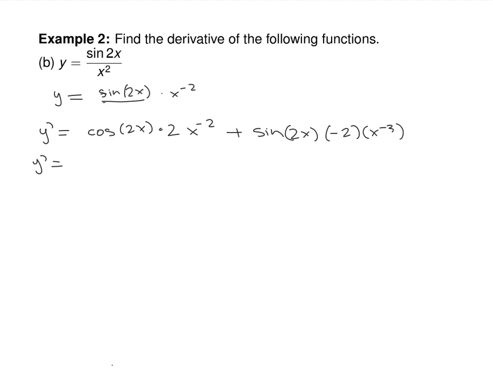So that's 2 cosine of 2x over x squared minus 2 sine of 2x over x cubed.